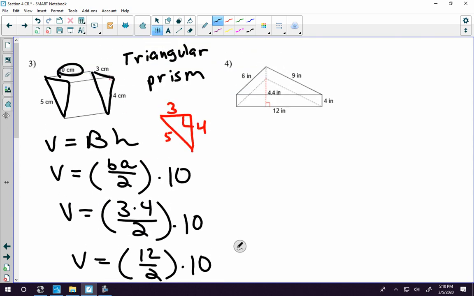Okay, let's go on to number 4. And number 4, this will be called a triangular prism. Okay, and I also want to draw one of the triangles.